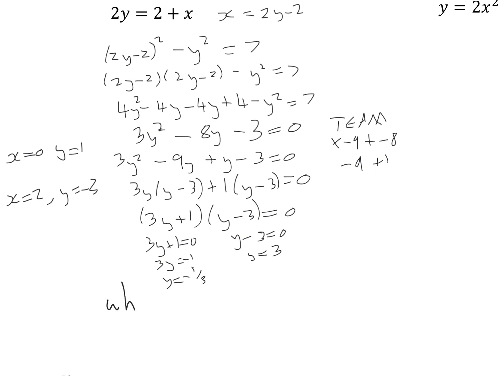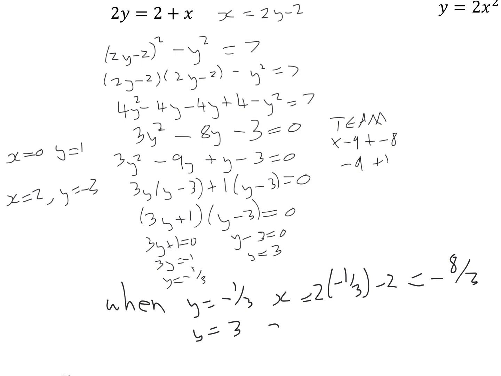So I would say when y is minus a third, x is equal to 2 times minus a third, minus 2, and that is minus 8/3, or minus 2 2/3 if you prefer. And then when y is 3, x would be 2 times 3, which is 6, minus 2, which gives 4.